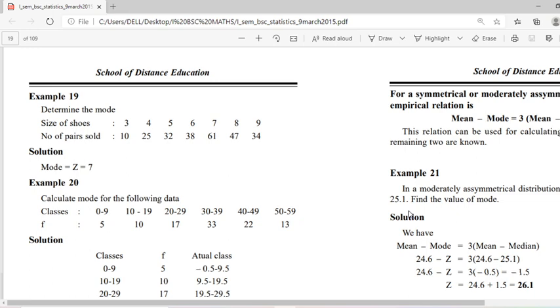Which item is repeated most frequently? Since the highest frequency is 61, we can take 7 as the mode, because 7 is repeated 61 times.